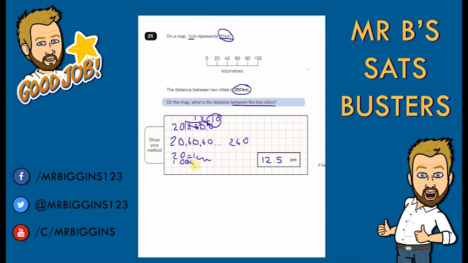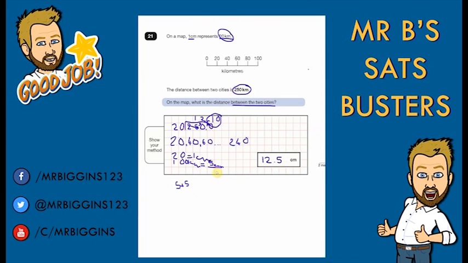So you know that 100 kilometers, sorry about my M's there, 100 kilometers must be 5 centimeters. Okay, and we got 250. So we're going to have 5 plus 5, there's 100 kilometers plus 100 kilometers.